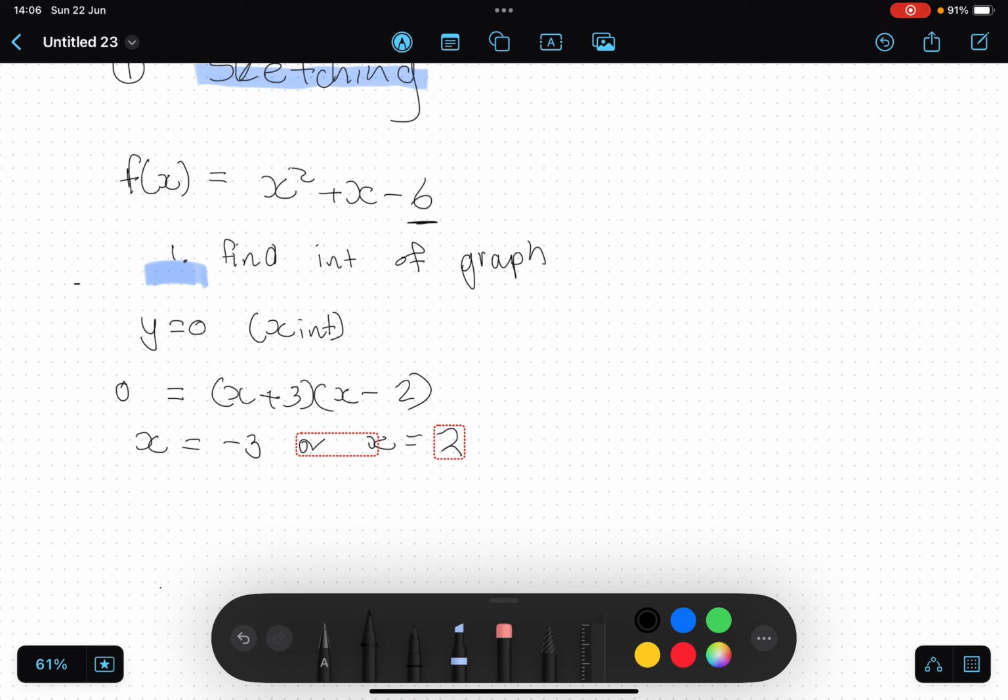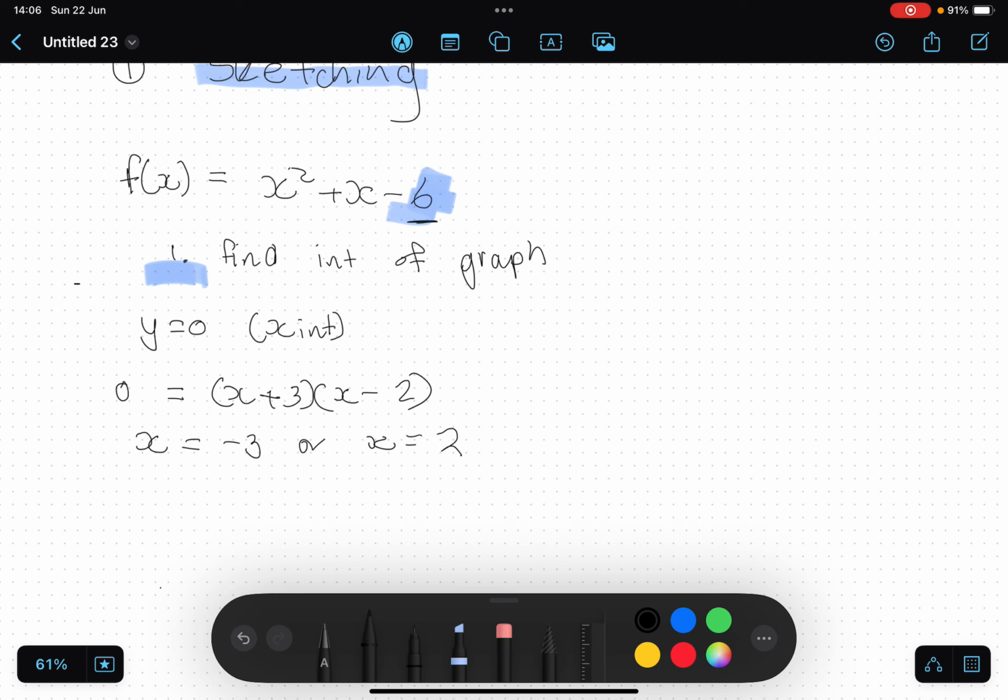Next step, we can easily find our y-intercept, because when you have it in this form, the trinomial form, your last constant, that number here, that one is your c value, which is going to be your y-intercept.